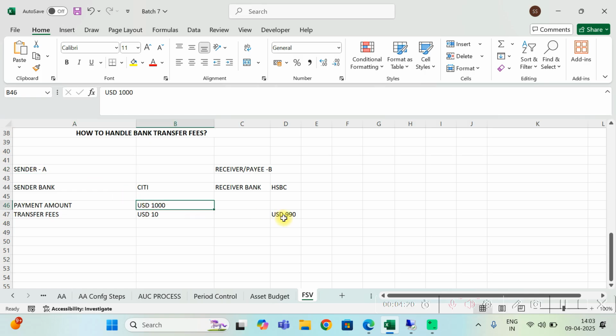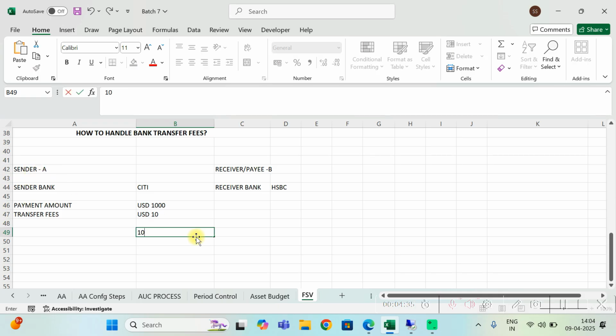If you are supposed to pay 1,000 USD to B, then you have to pay 1,000 to B plus 10 extra to the bank. So the total money sender A will be paying is 1,010. 1,000 will go to B and 10 will go to the bank. Okay, that is the scenario.